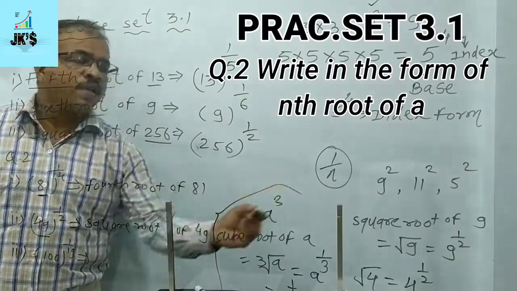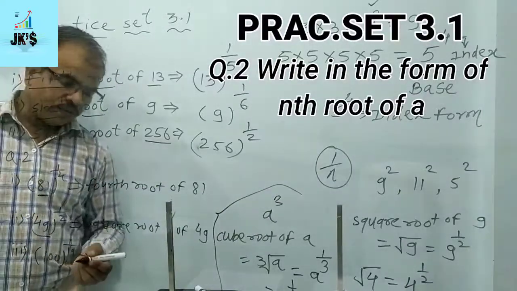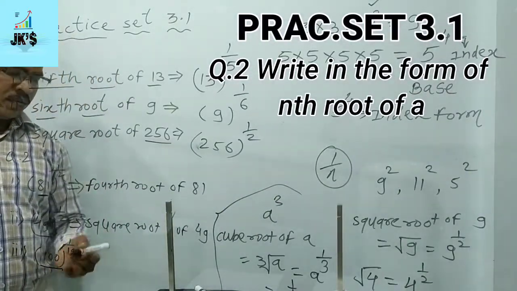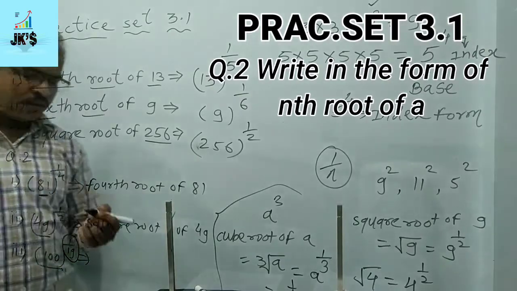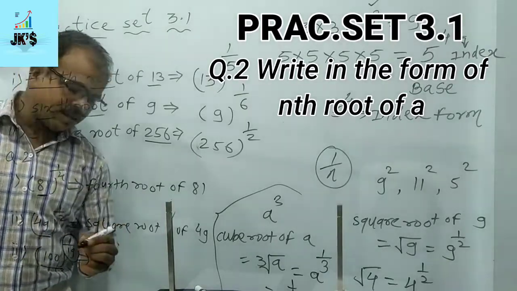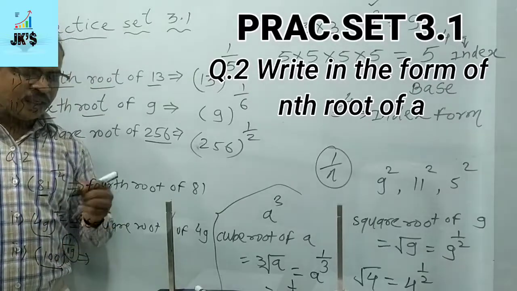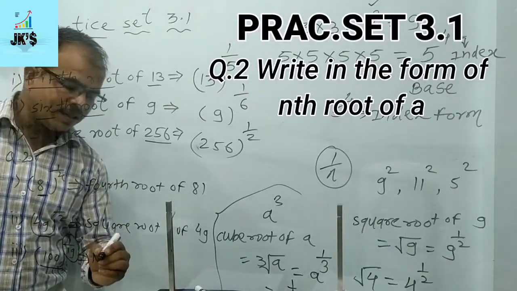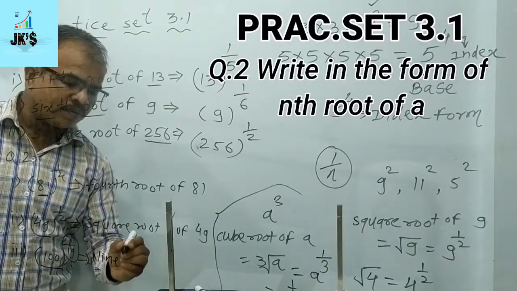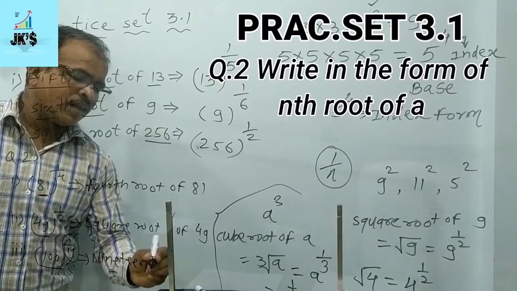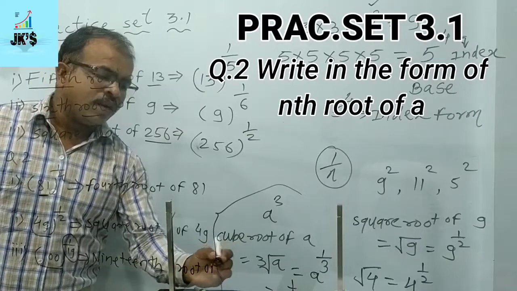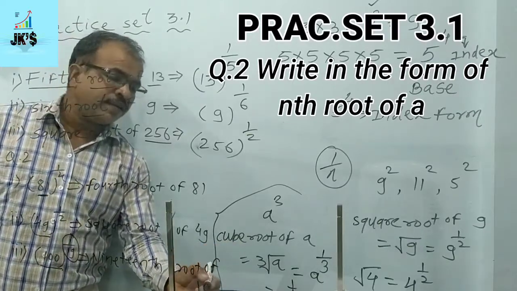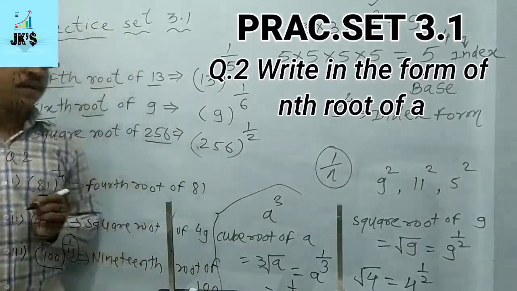Now 100 is a base and the index is 1 by 19, which root? 19th, and 1 by 19 means 19th root of 100. 19th root of 100.